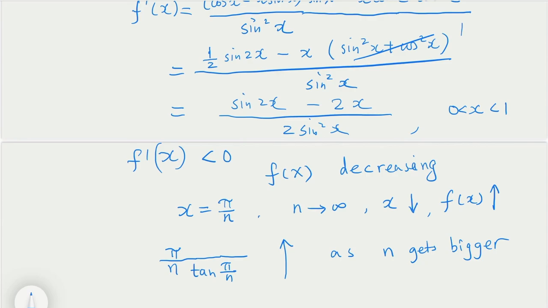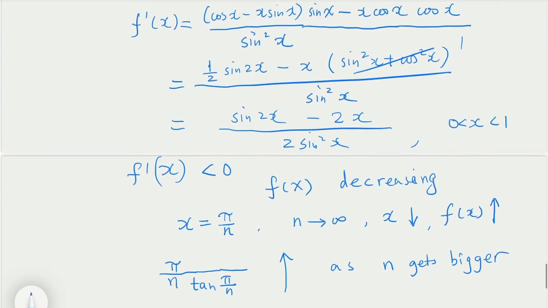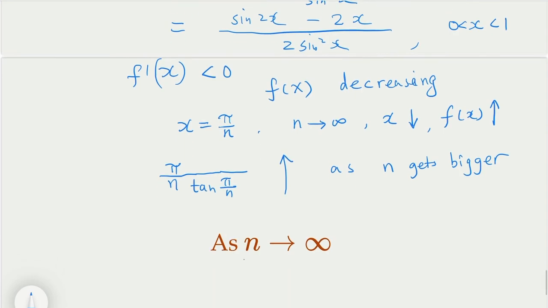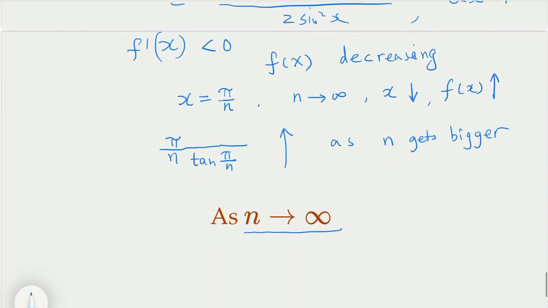So that's something we need to know. For a fixed L, you want n to be bigger in order to achieve a bigger area. Of course, you're going to naturally ask, what if n goes to infinity? Let's look at that.